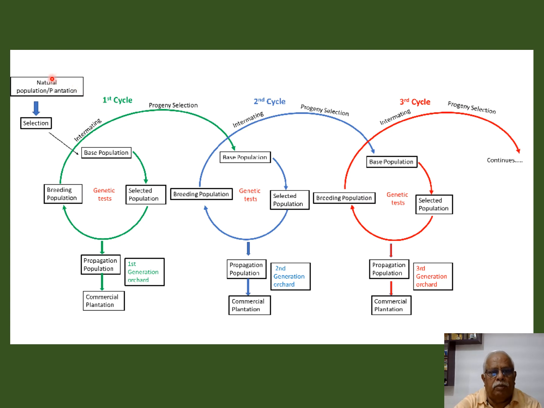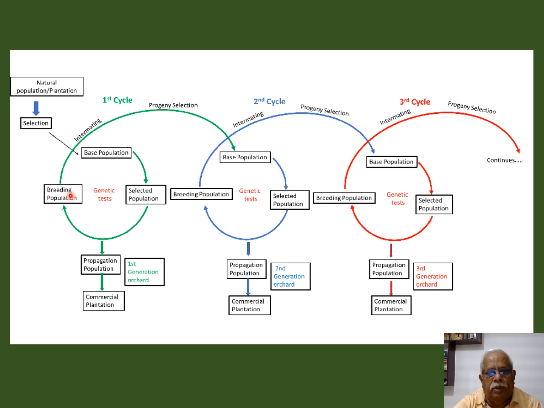And you will understand this better now with the breeding cycle. A natural population which is there, from there we do the selection and establish the base population. We then go for the selected population. From the selected population we go to the breeding population. So this may be a large number of trees, here a few thousand trees, and here a few hundred trees.